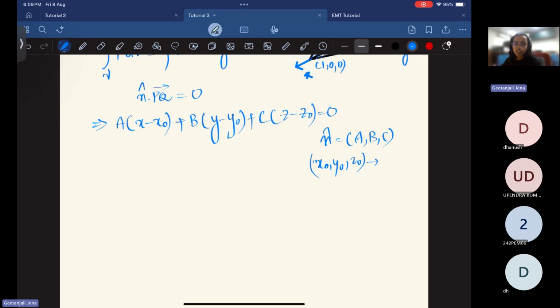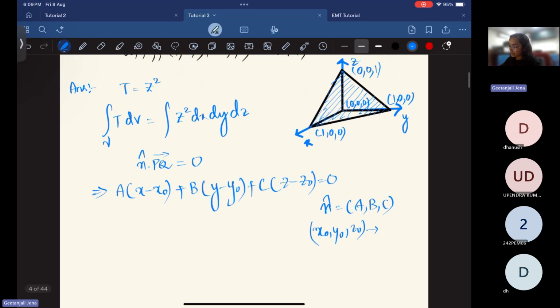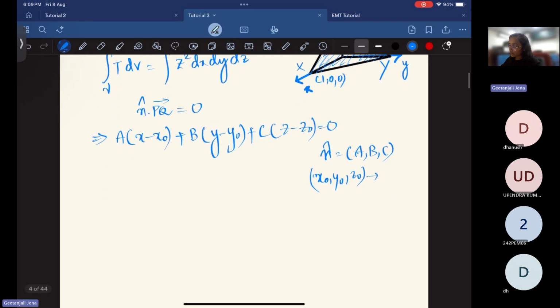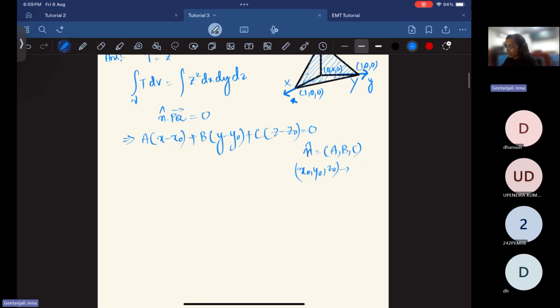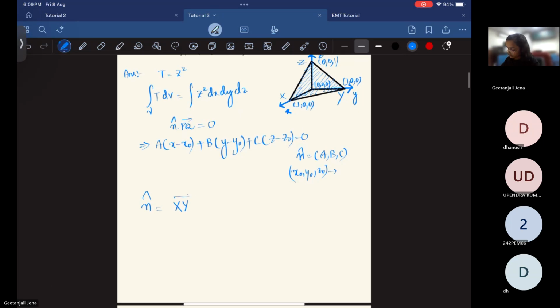Finding the normal vector is easy if you recall: if you know two vectors of this plane, then you can easily calculate the normal vector. So the normal vector n cap is nothing but xy cross xz divided by mod of xy mod of xz.